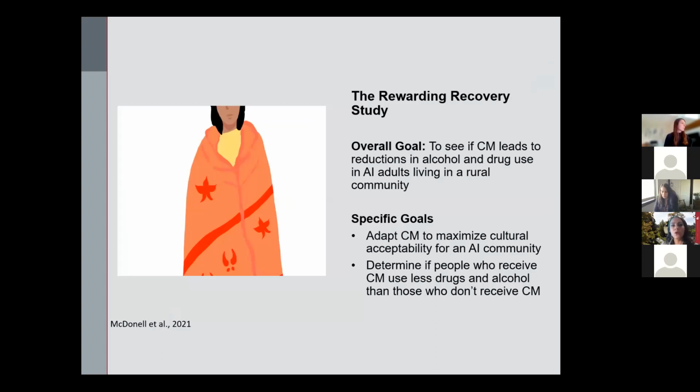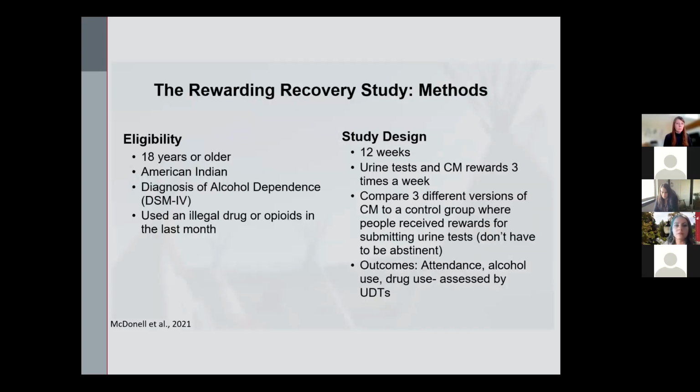So the overall goal of the Rewarding Recovery study was to see if CM led to reductions in alcohol and drug use among the single site reservation community. And the goals were to adapt CM to maximize the cultural acceptability and determine if people who received CM for both drugs and alcohol used less of those substances.